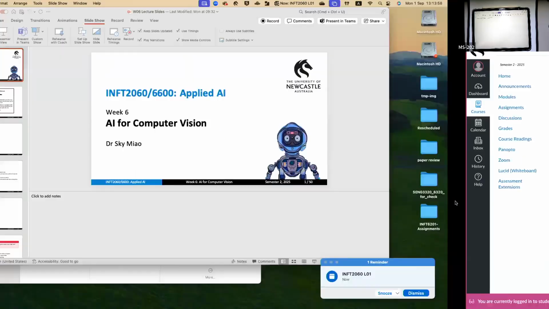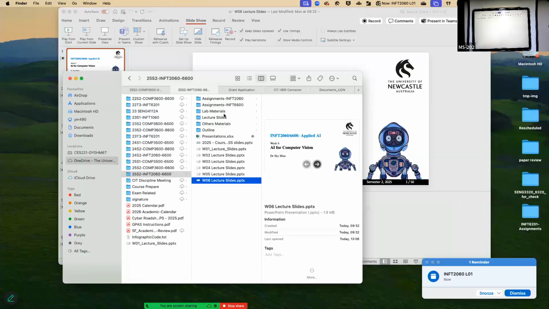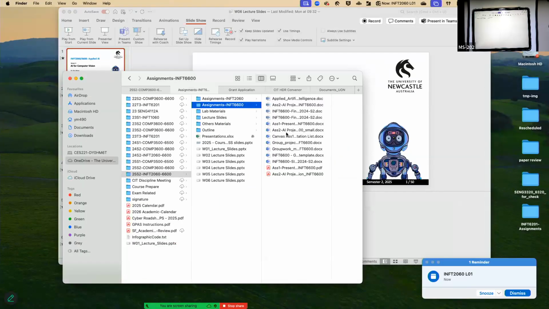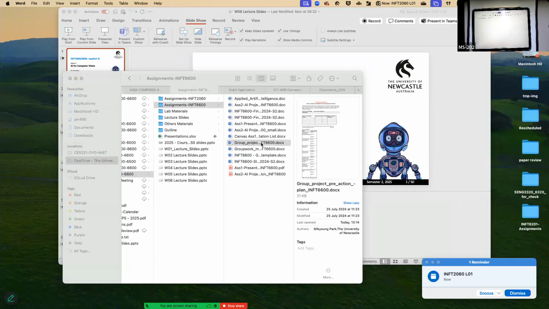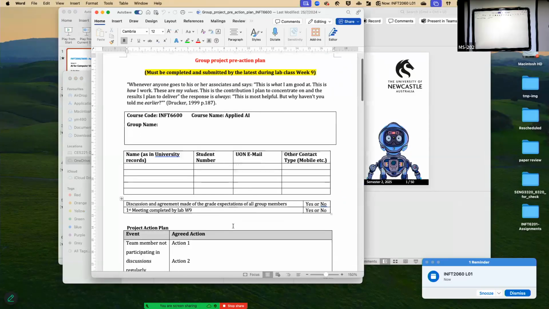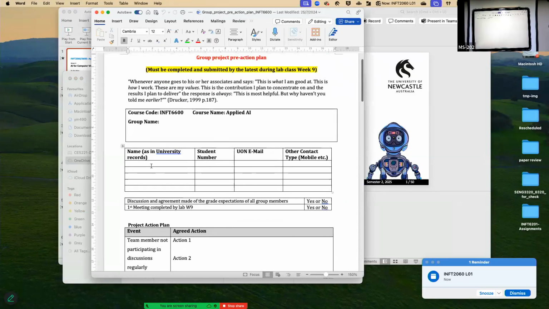Okay, my side here, assignment 2, pre-action plan. Because the pre-action plan is the same thing, so I put it in here. This is the pre-action plan. Okay, so the pre-action plan looks like this. You need to give your group name.